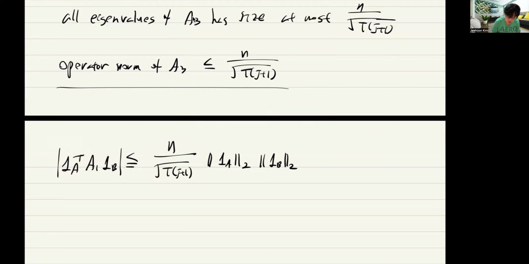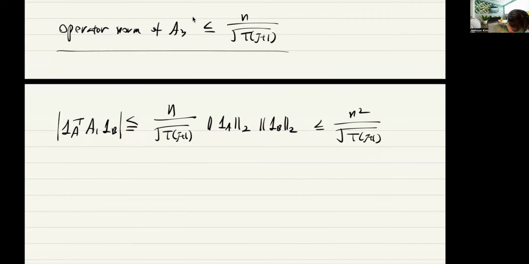But what do you know? The value of this is at most square root of n and square root of m, because it has m coordinates and all of them have size 1. So the maximum value is this. So in total this is n squared over square root of tj plus 1. But what we know is that this is quite small.